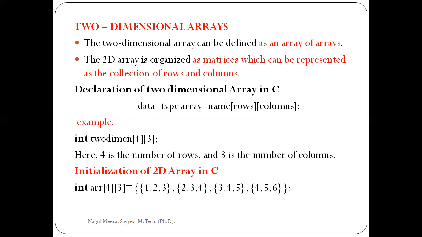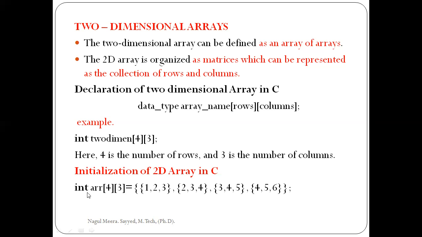Now, how do we initialize a two-dimensional array? Initialization is nothing but inserting values. We can initialize some values in that particular two-dimensional array. Here is a simple example showing how to initialize values into a two-dimensional array.